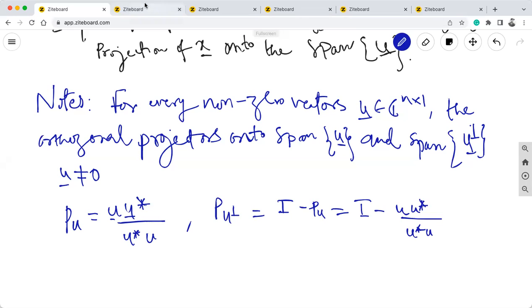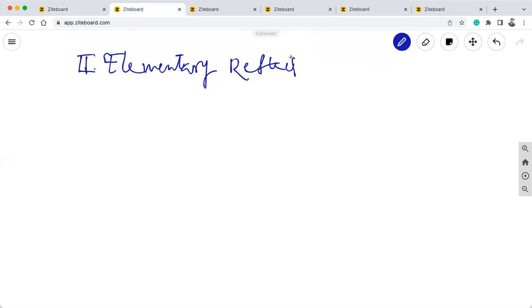So next, we'll go to the matrices known as elementary reflectors. The second point is elementary reflectors. So obviously, as you remember, the reflection is what?